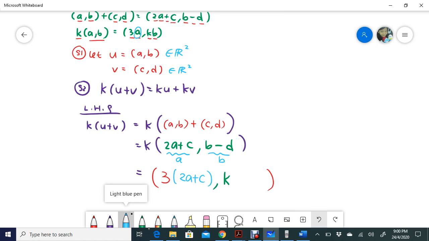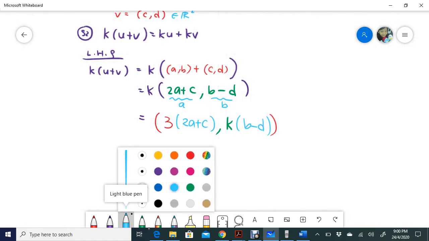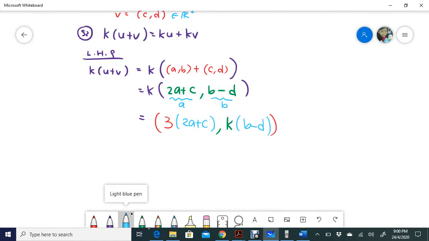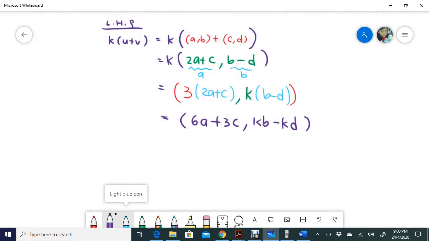So you have B minus D. You want to expand or you don't want to expand, it's all up to you, but you must ensure that later both answers must be the same. So if you want to expand, you just expand plus 3C. This is KB minus KD. So anything else? No, so you need to proceed with the second one.